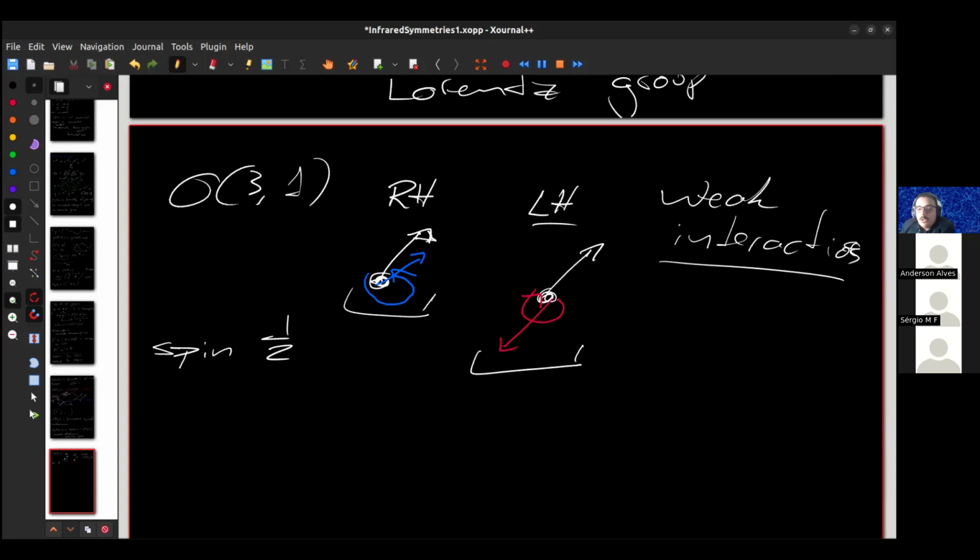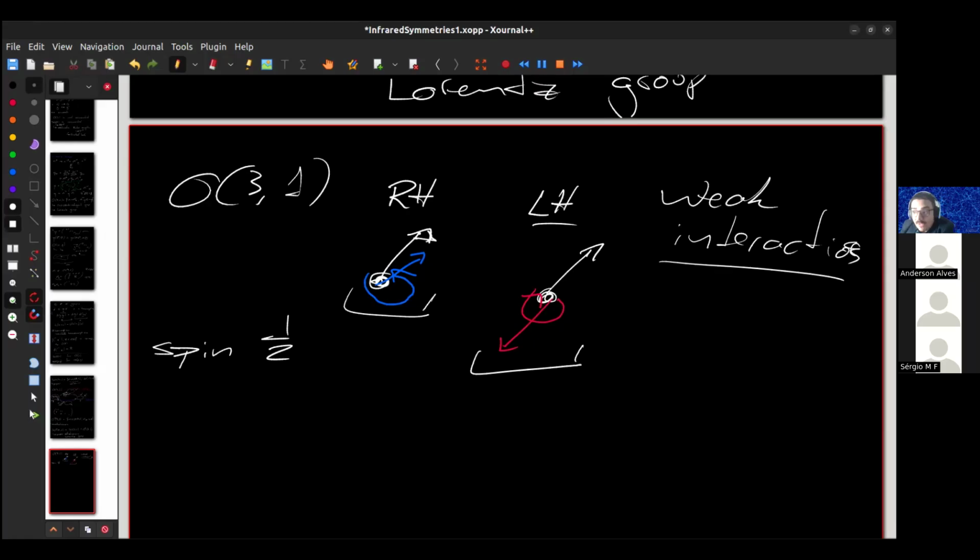Furthermore, we are not aware of the existence of right-handed neutrinos. The standard model does not include any right-handed neutrinos. So as far as we know, right-handed neutrinos may not exist. They also may exist, and we have not seen them. But the important point here is that weak interactions actually care about whether something is left-handed or right-handed.